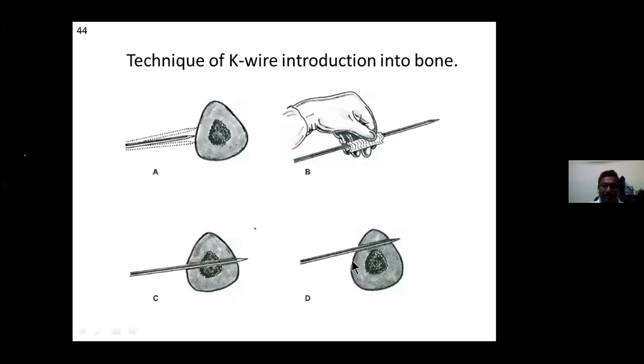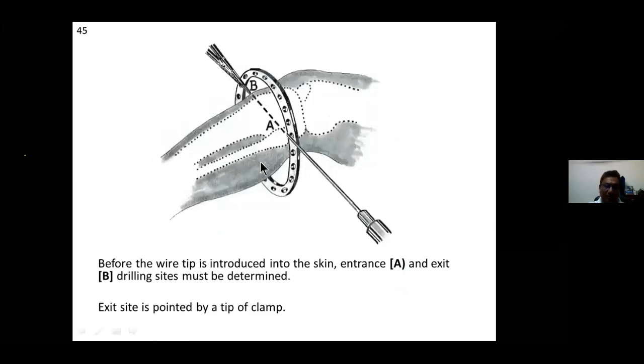If the wire is drilled incorrectly through the cortex, it can lead to development of osteomyelitis. So be sure that the wire is passed between the medullary canal and both cortices. For correct positioning of a wire, before the wire tip is introduced into the skin, the entrance point and exit point drilling site must be determined.